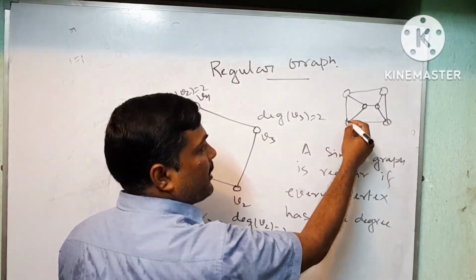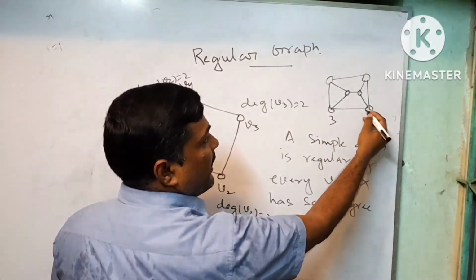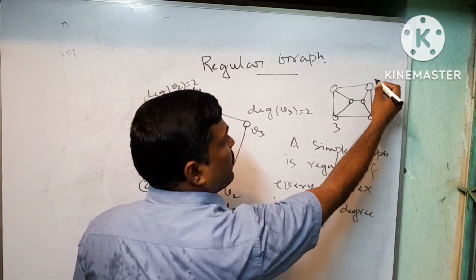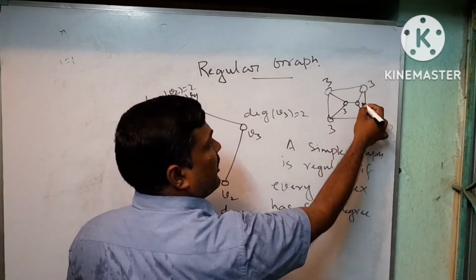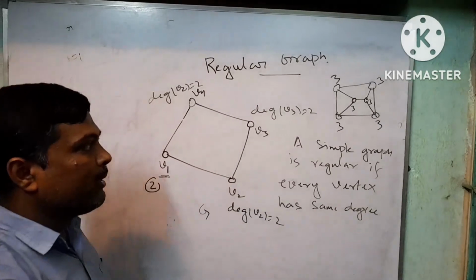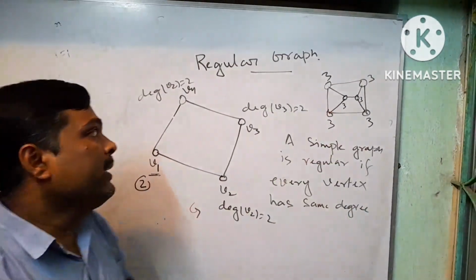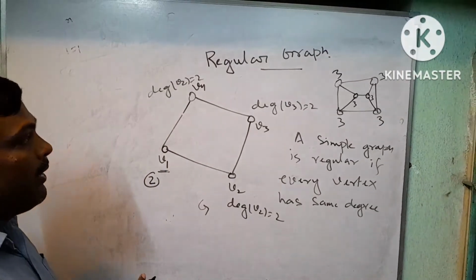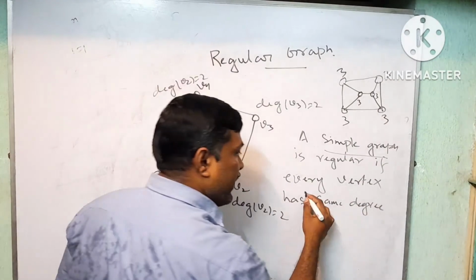Now the degree of this vertex is 3, this vertex 3, this vertex 3, all the vertices have the same degree. Also, this graph has no parallels and no self loop, so it is regular. So a regular graph is first a simple graph, and all the vertices have the same degree.